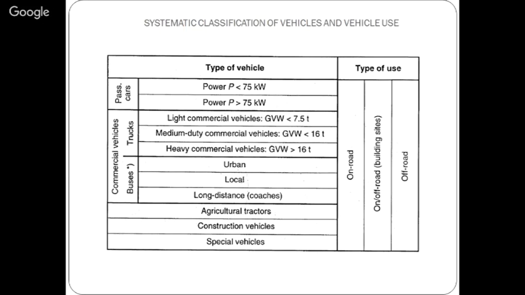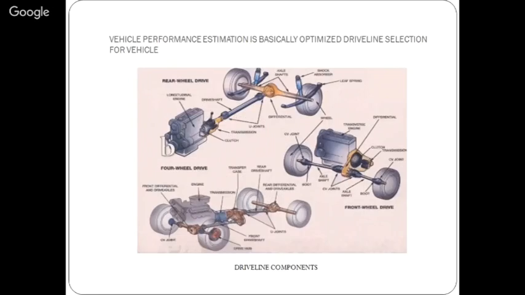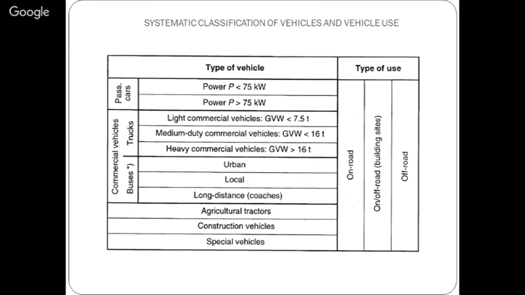The second one is the types of vehicle. Here we classify the vehicle in basic types. Passenger cars: in passenger cars, our engines are generally less than 75 kilowatts power.